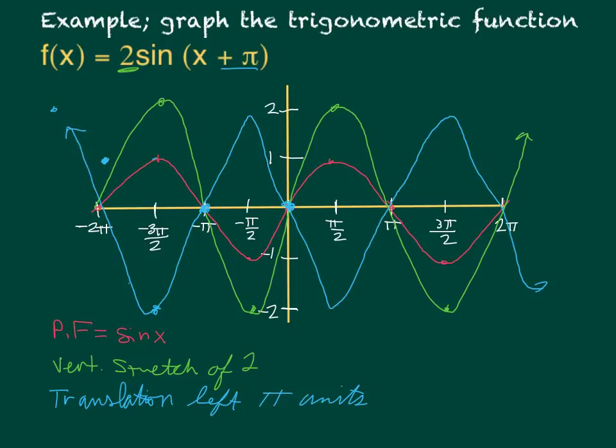So all we've done is basically we've shifted our valleys, or if we're looking at the green one, our valleys are now our peaks, and our peaks are now our valleys. So basically this has just been flipped over the x-axis. That's all that's really happened here. So that blue one is your final function.